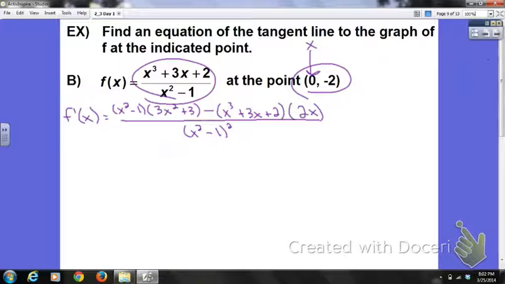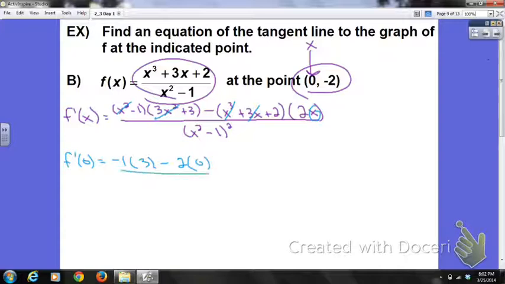So to find our slope, when x is 0, we have f prime of 0. Let's plug in 0 for x. Well, when I plug in 0 for x here, we end up with a negative 1 times 3 times x squared, that's going to be 0, so negative 1 times 3, minus, when I plug in 0, that becomes 0, this becomes 0, so we have 2 times, when I plug in 0 here, I get 2 times 0 is 0.